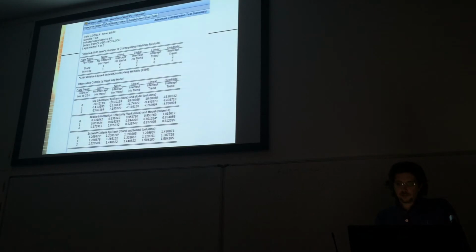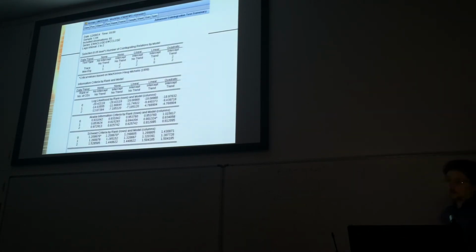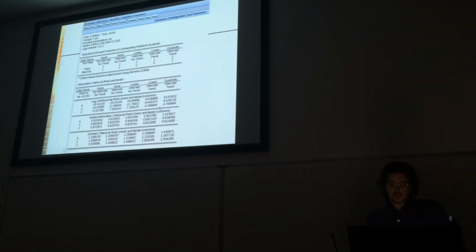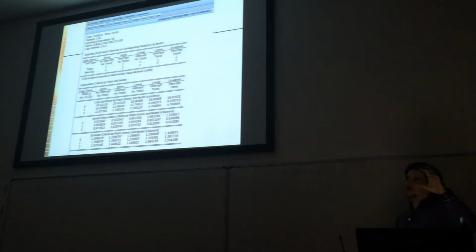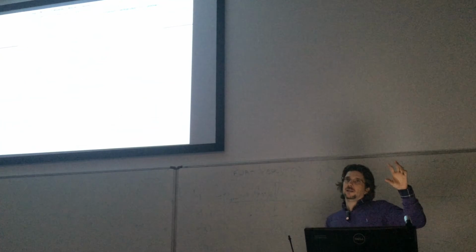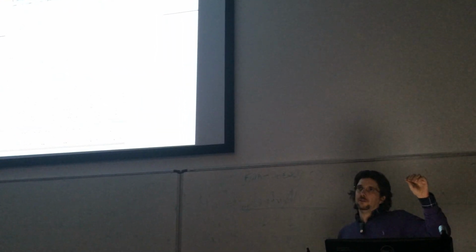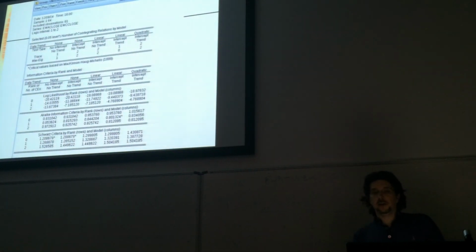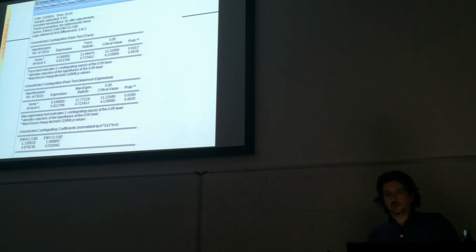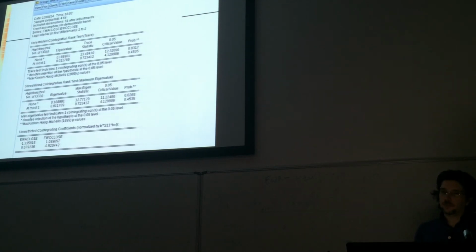You're going to pick the model with the best information criteria. Okay, so you can see the Schwarz one here and the Akaike one here, and then you go back and you rerun that model. So first of all, when you go to run this test, a window pops up in EViews, and you can automatically let it evaluate all models, and then you pick the best one and you rerun that one.